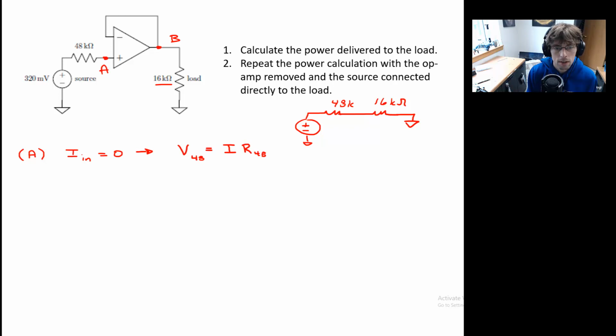Put 48 here. But if the current in that branch is 0, that means that the potential drop across the 48 ohm resistor must be 0. There's no current flowing. So here's the next question. What can you tell me about the potential at A?